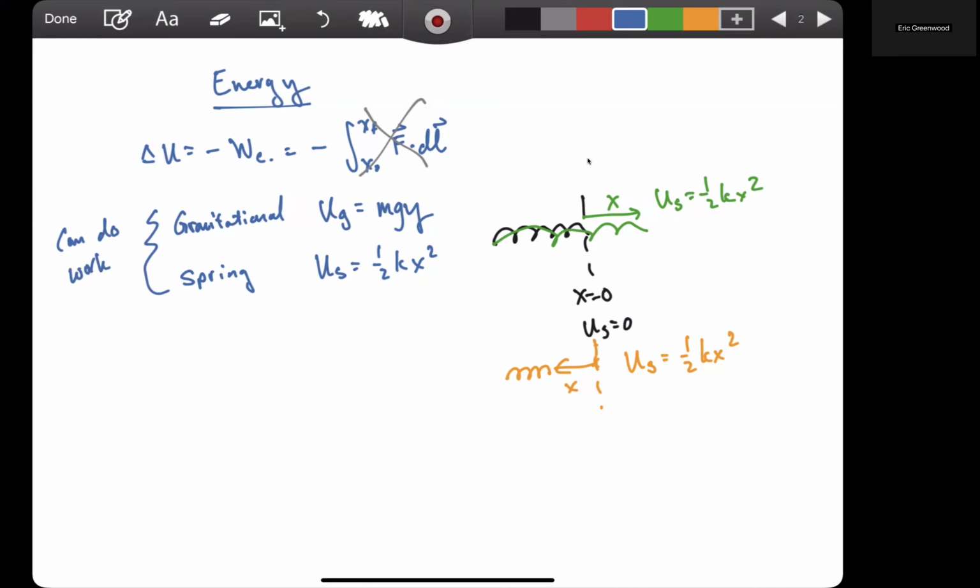So that brings us to conservation of energy, which simply says that the change in kinetic energy plus the change in potential energy is equal to the work done by the non-conservative force.